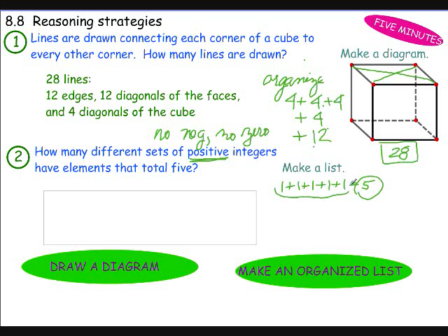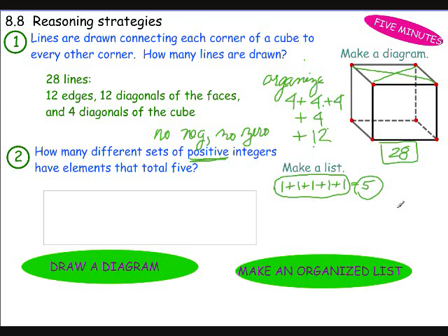You can have a set that only includes one element. It doesn't say here that we have any restriction on the number of elements. The only restriction is that when we add them together, the total has to equal 5. So 5 equals 5. So that's 2 of them right there.